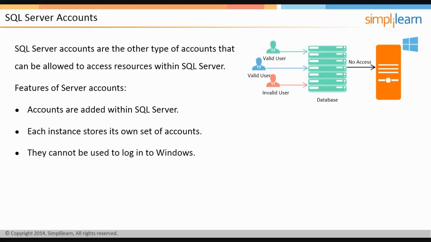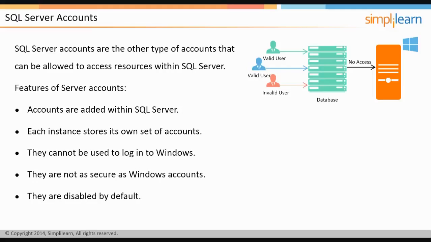This is for two reasons. One, Windows requires much more secure accounts than what SQL Server can provide, and two, SQL Server accounts cannot be protected using Windows group policies. Due to this fact, SQL Server accounts are actually disabled by default. You can enable them in two places.